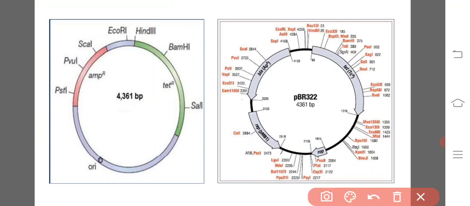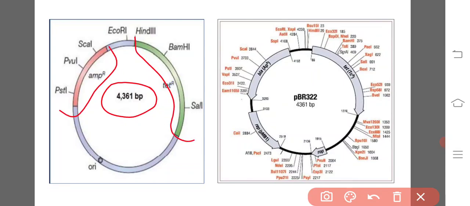Here it is clearly given. This is the total number of base pairs within the plasmid. This is the ampicillin gene region, and this is the tetracycline gene region, and these are the sites for excision of the DNA by different kinds of restriction enzymes.